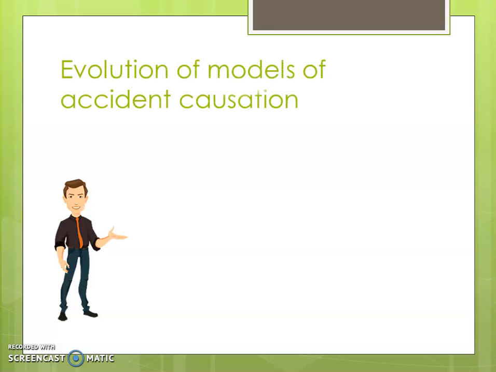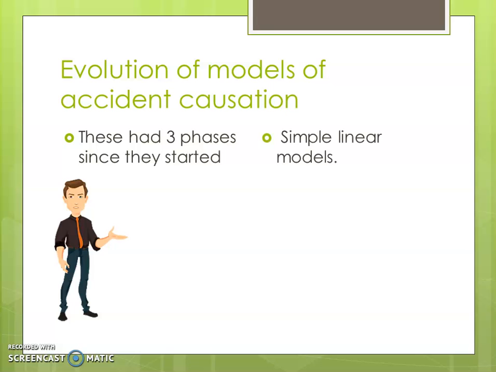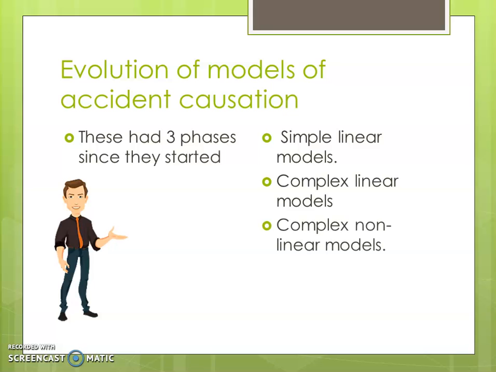Hi, I am Omar Camelo and today I am going to explain the first models of accident causation. The main thing to know is that these are divided in three: simple linear models, complex linear models, and complex non-linear models.